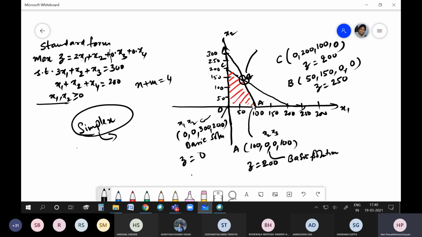Now I will be explaining the procedure for how we solve this using the simplex method. The procedure is like this. We are solving the same problem.